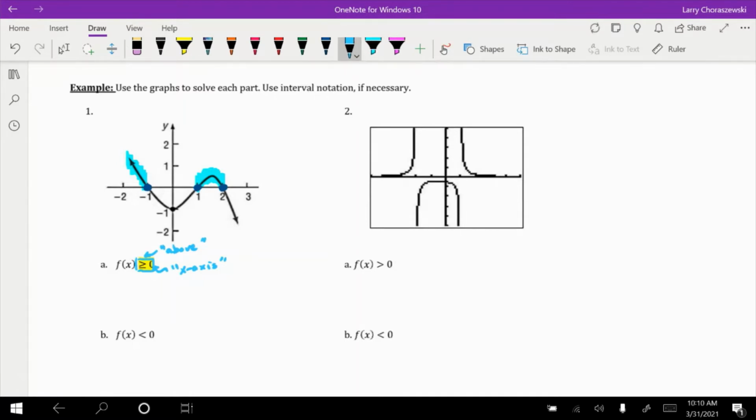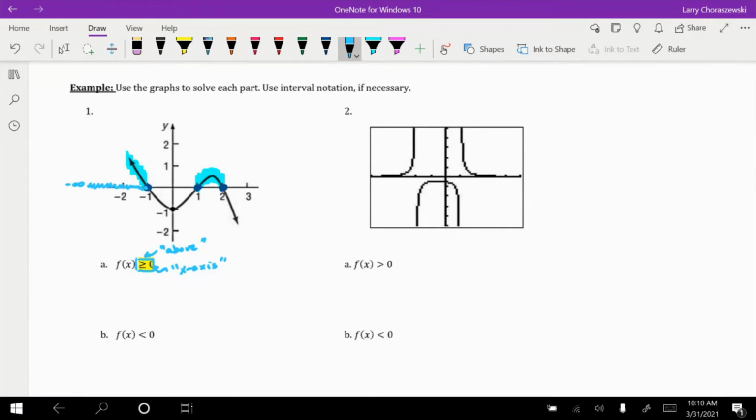So much like when we were doing increasing, decreasing problems, if we can identify the parts, then that's like getting us halfway there. The second half is pinning down the parts of the x-axis that correspond to these two pieces. So for the first piece, the piece that's in quadrant 2, all the x values that correspond to it go from negative infinity all the way up to -1.